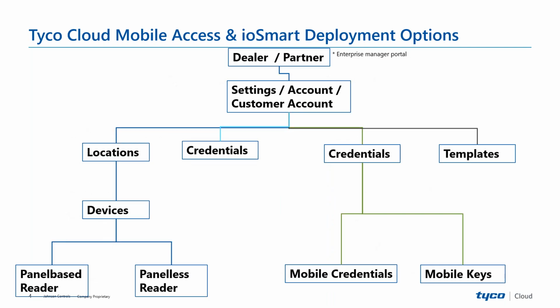So here's a chart that I've made that explains the hierarchy of the entire platform, right? It's very simple. We have a dealer slash partner section. The dealer and the partner section is where you guys, as integrators, can log in and manage multiple accounts, multiple customers, right?